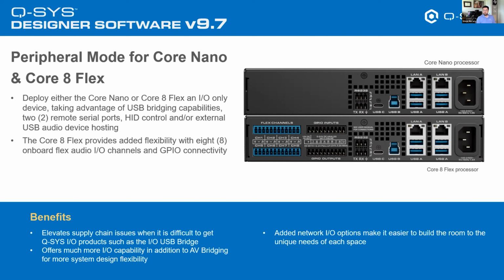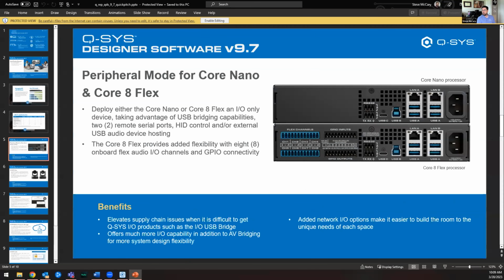So this is going to be a really nice option for smaller systems doing expansion, or even if you're doing a larger style system and you're basing it on a 610, this is a nice way where you could actually put an 8 Flex into a room and use that as some analog IO and still have some bridging and some GPIO. So those are the things that we're going to cover.